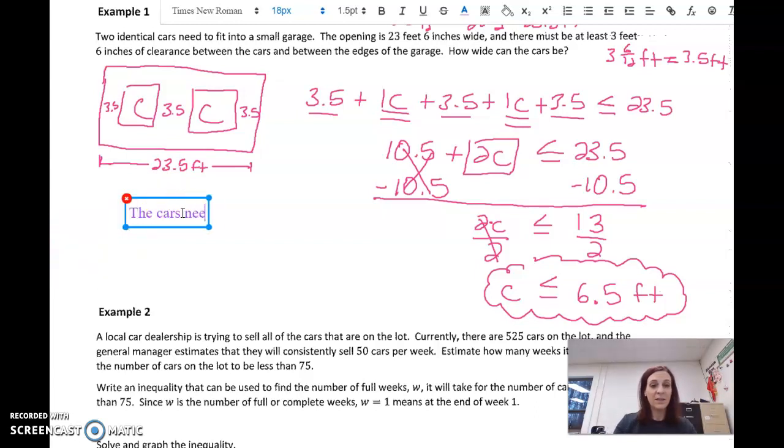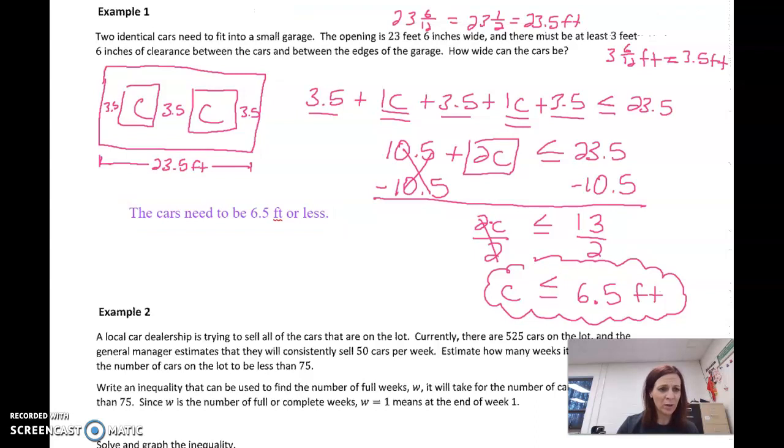The cars need to be 6.5 feet or less. The new thing that we're doing right now, though, is we're going to graph our solution so we can see a visual of what we need. You've done this before, so don't stress about that.